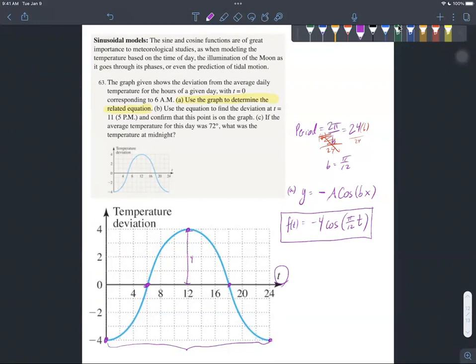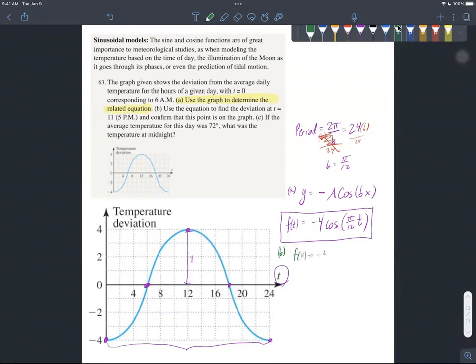Use the equation to find the deviation at t equals 11. So let's go ahead and plug in t equals 11. And so basically for part B, we want to find f of 11.